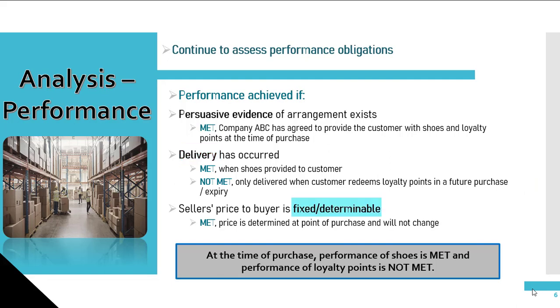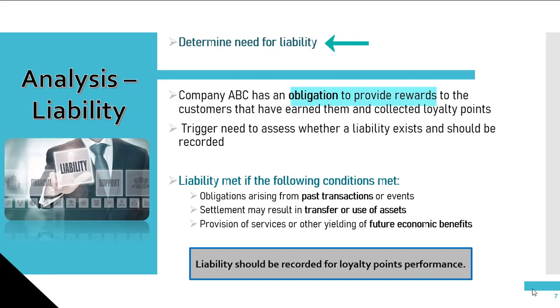Lastly, the seller's price to the buyer is fixed and determinable. This is met as the price is determined when the customer orders the shoes and will not change. Therefore, at the time of purchase in May, performance of the shoes is met, while performance of the loyalty points are not yet met. Because company ABC has an obligation to provide rewards to the customers that have earned them, this should trigger the need to assess whether a liability exists and should be recorded.